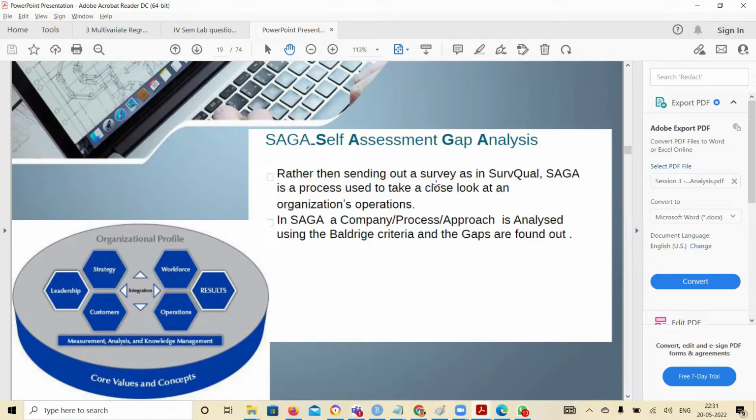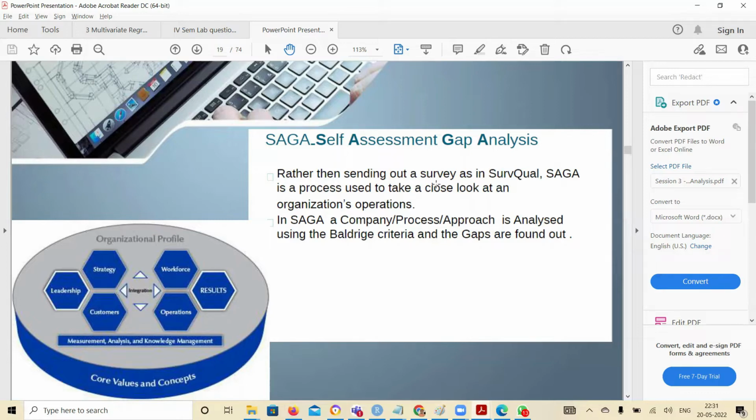Now, let's say I give myself 7, and all of you gave me 7 as feedback, then I know there's not much gap between what I'm thinking and you. If I rate myself 5 and you give me 9, then again I'm not correct in assessing myself.